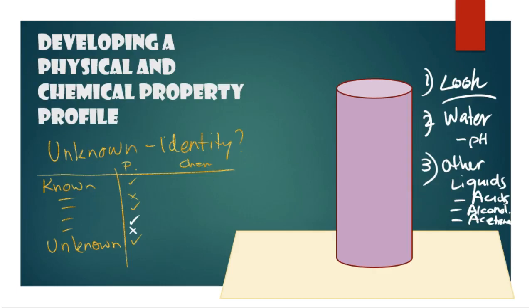That's what you're going to be doing when you mix it with those other liquids. So again, you're going to be asked to put a small amount of the liquid in the test tube, add in your small amount of substance, and then see what happens. And again, check off what happens with it. Does it dissolve? Does it react? Have a look at those characteristics and mark them down.